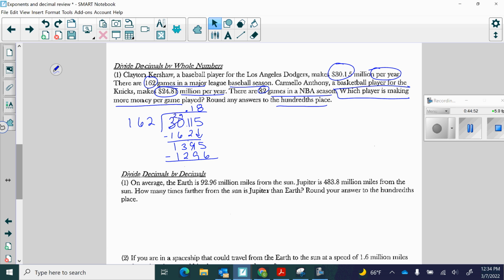So borrow 15 minus 6 is 9. Borrow 18 minus 9 is 9. Add a 0. Bring it down. Five. Nope.